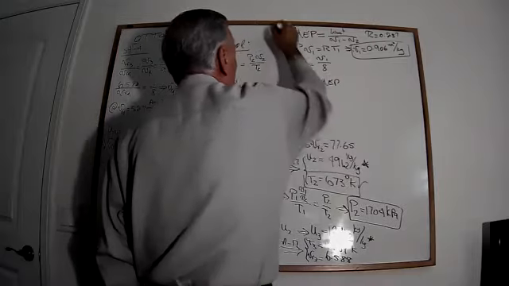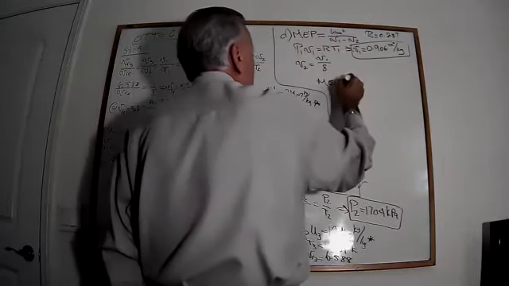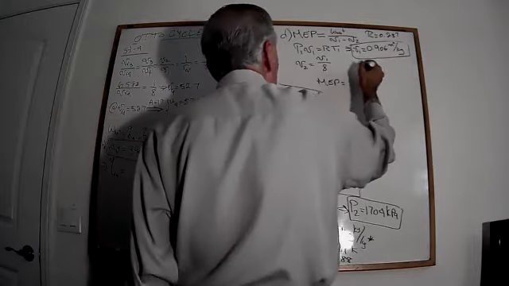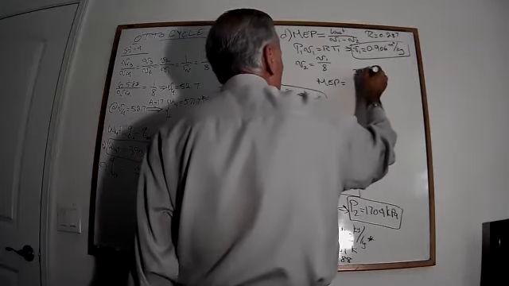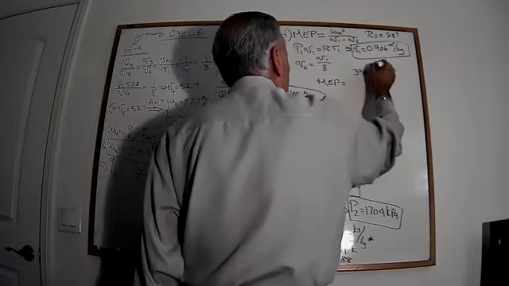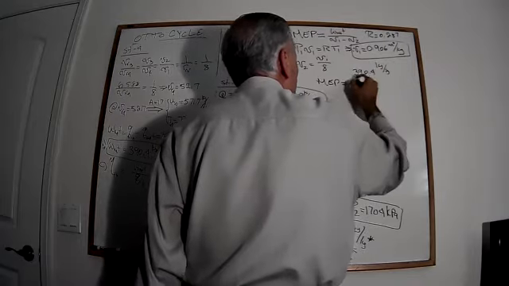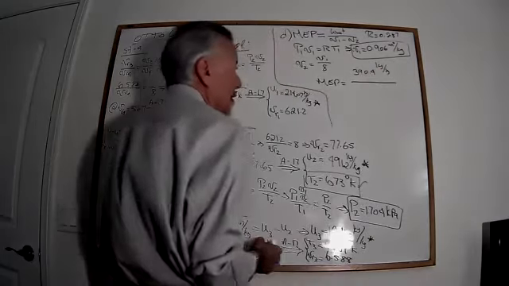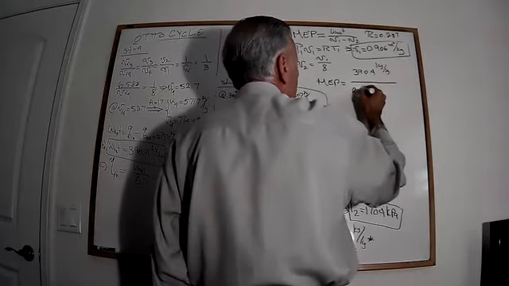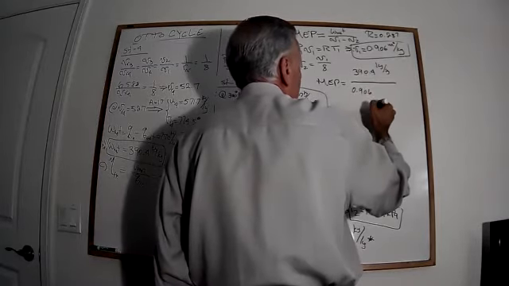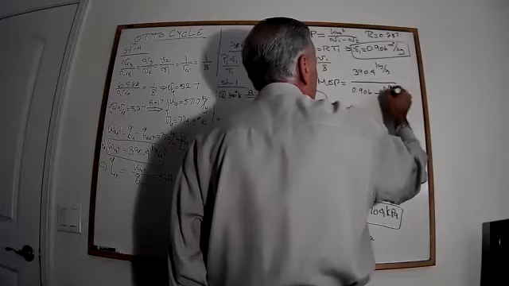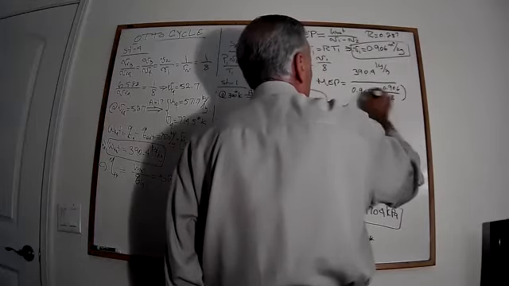MEP is equal to my net work, 390.4 kilojoule per kilogram, divided by V1, which is 0.906, minus 0.906 divided by 8.